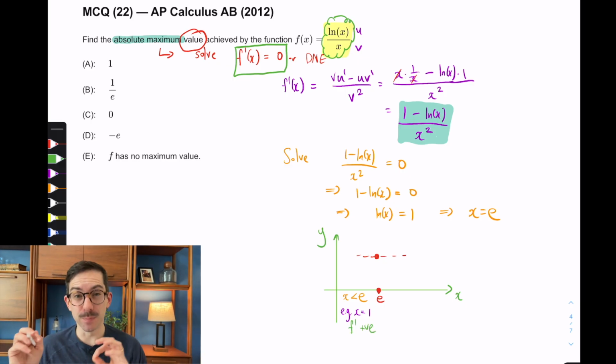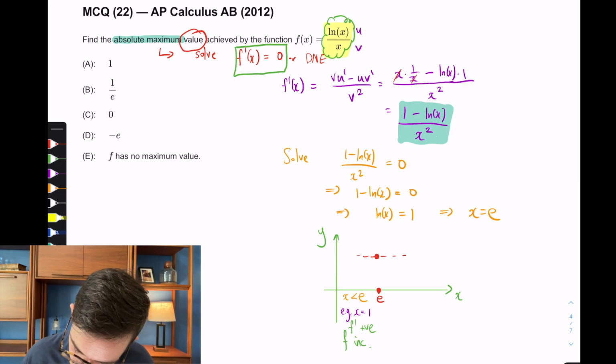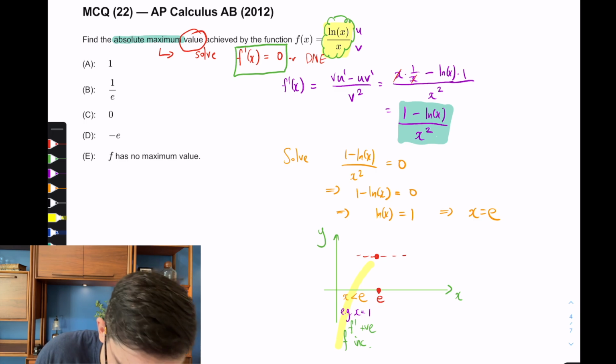And when a derivative is positive, that tells you that the function is increasing. So I'm not really sure what's happening, but I know that my function is increasing when x is less than e.